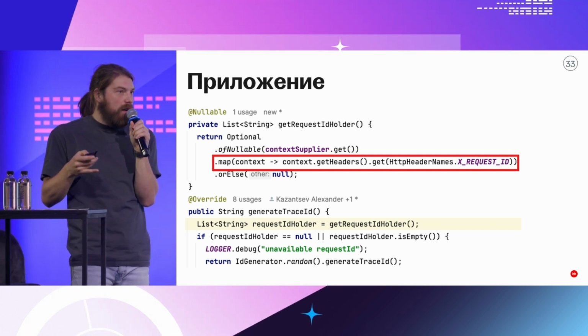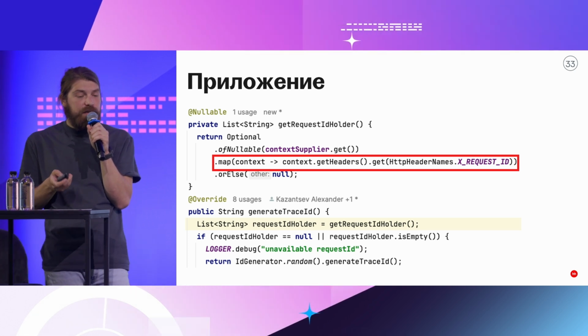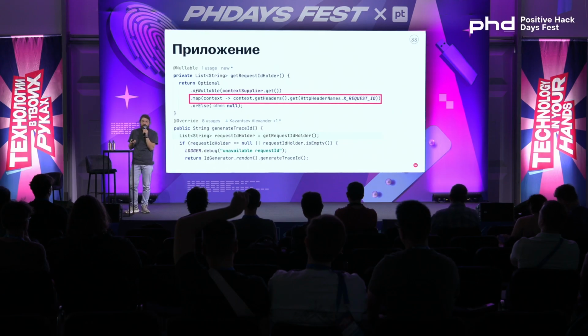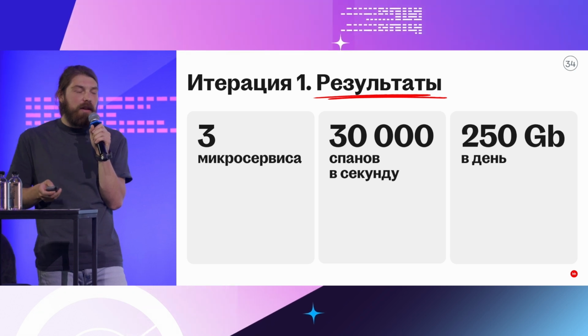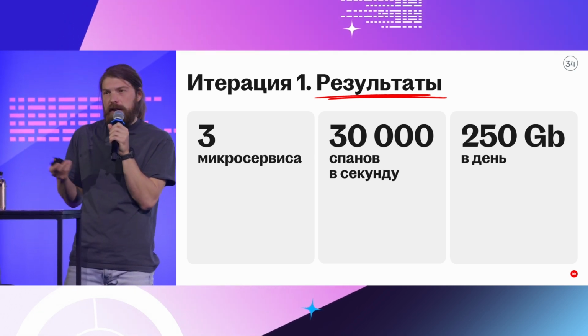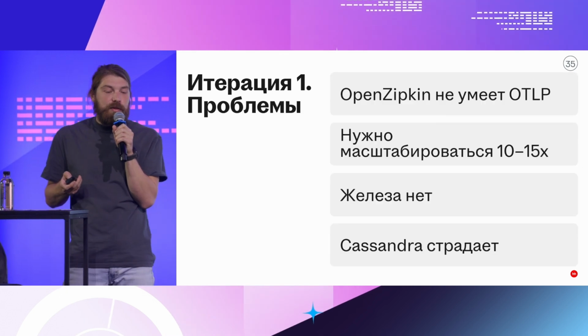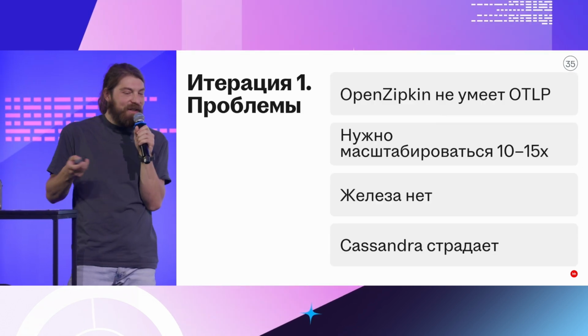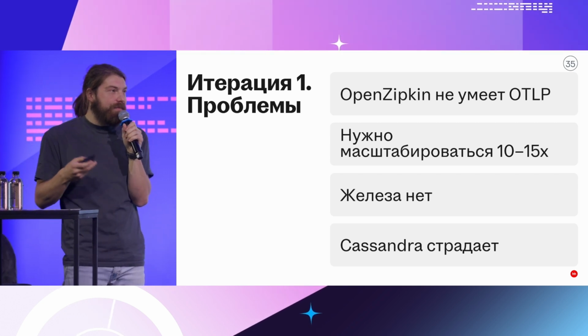And again, we did some improvement so that the tracing library would use the request ID as a trace ID. In most cases, it did work. So as a result, our first iteration resulted in 3 microservices with some performance, and we started thinking about what to do next.